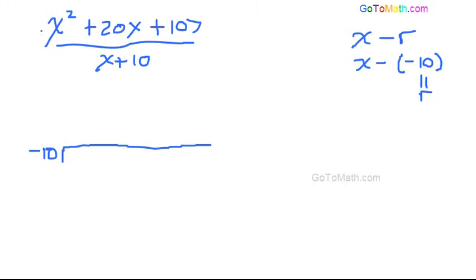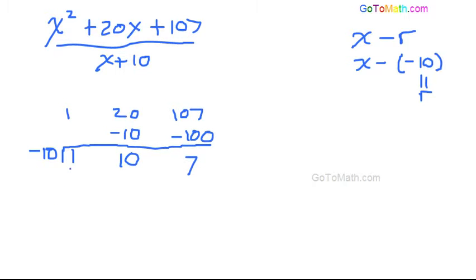Okay, and then we take the coefficients, put them right here. We got 1, 20, and 107. Bring this one diagonally down. So we have negative 10 times 1 is negative 10. Add these together, you get 10. Negative 10 times 10 is negative 100. And get that difference there, and that looks like a 7.